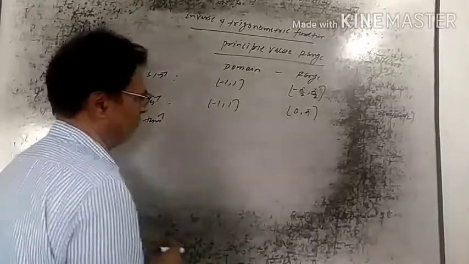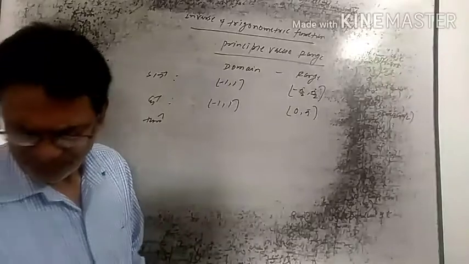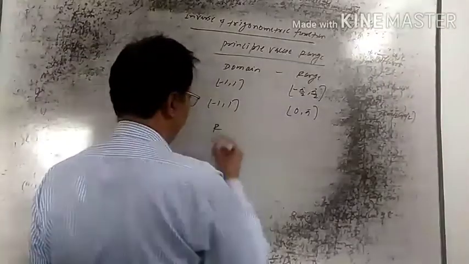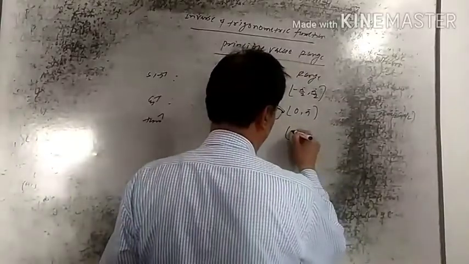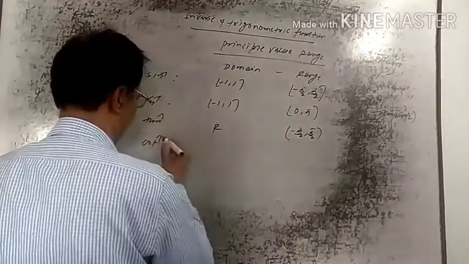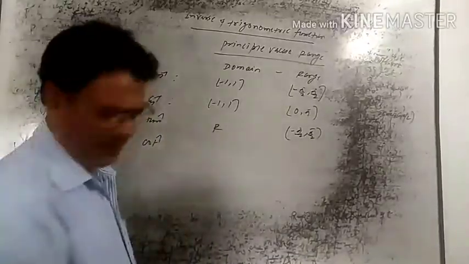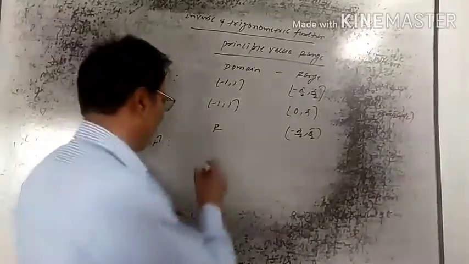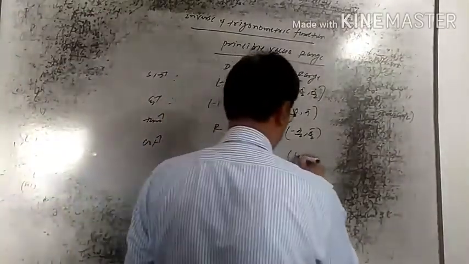And the domain of tan inverse function is the set of real numbers, and its principal value range is the open interval minus pi by 2 to pi by 2. The domain of cot inverse function is the real numbers, and its principal value range is the open interval 0 to pi.